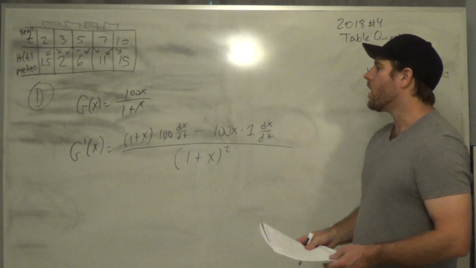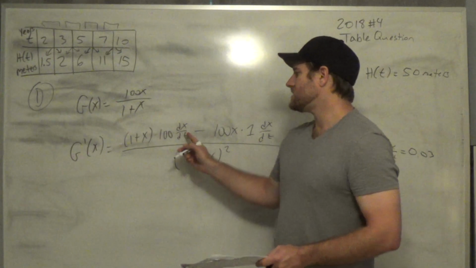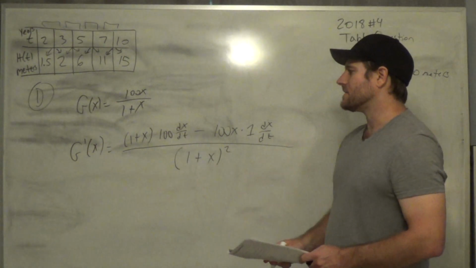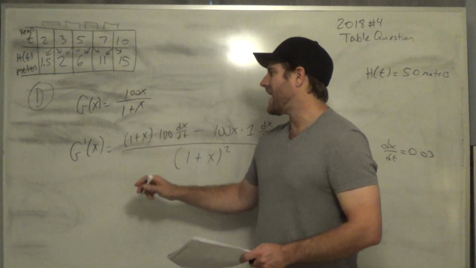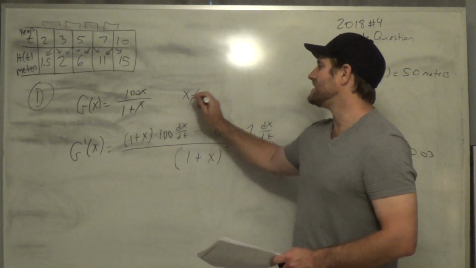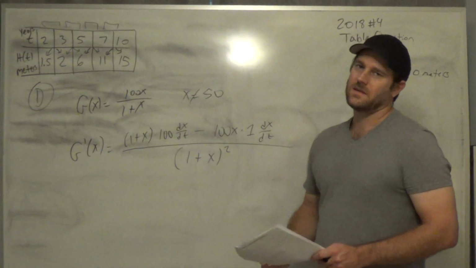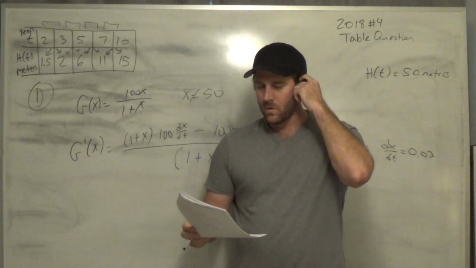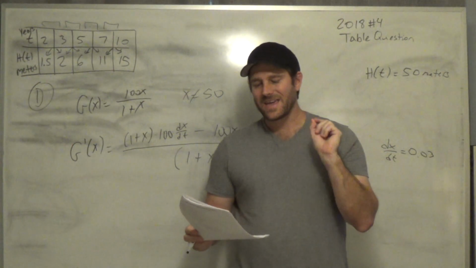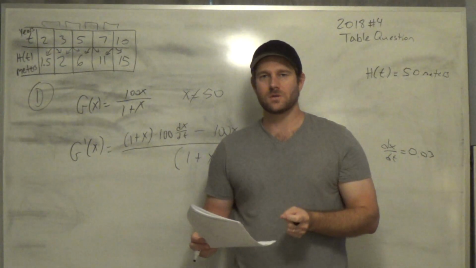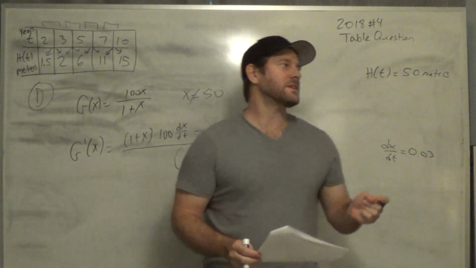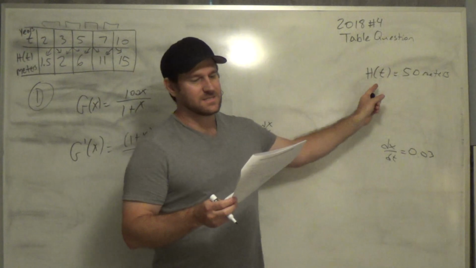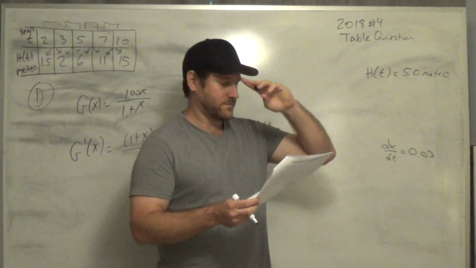Okay, and then you get excited. You're like, oh, x is 50, dx dt is 0.03. But no, you see x is not 50. So sorry, it's a crazy question. What is x? x is the diameter of the base of the tree. What is 50? 50 is the height.